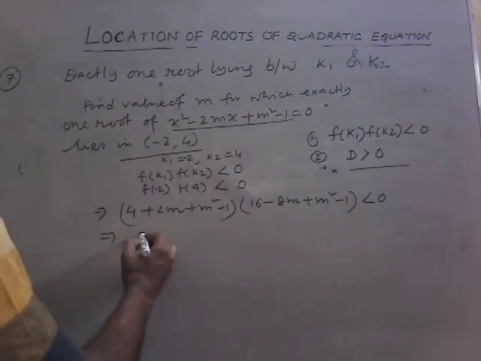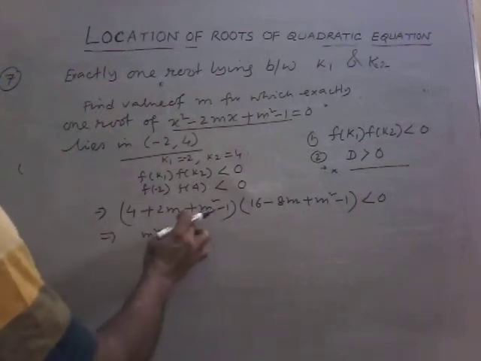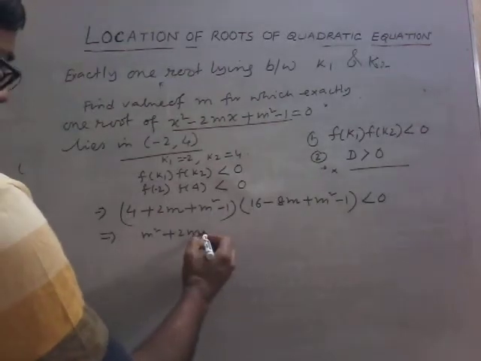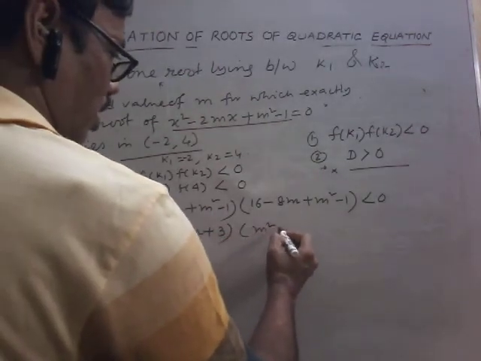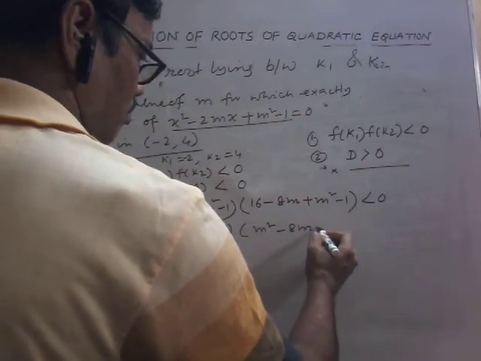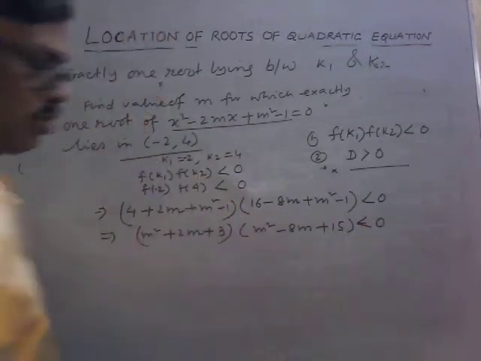So we are getting m square plus 2m plus 3, and this one is m square minus 8m plus 15 less than or equal to 0.